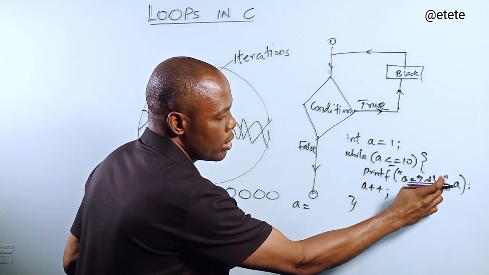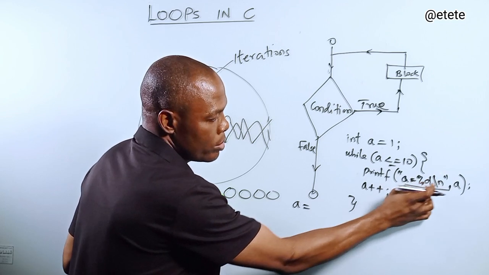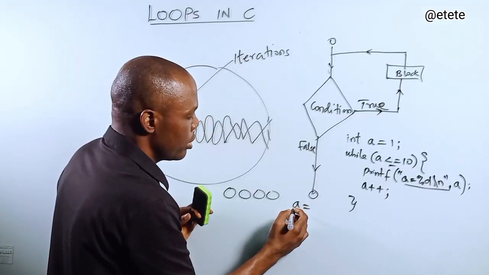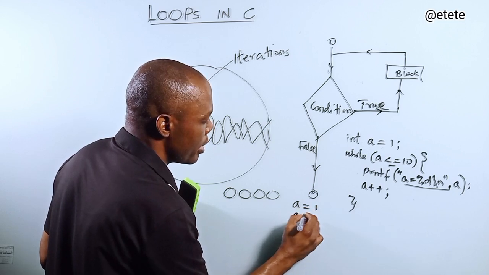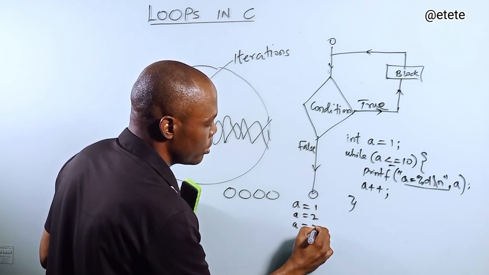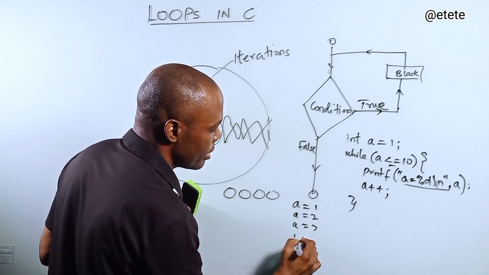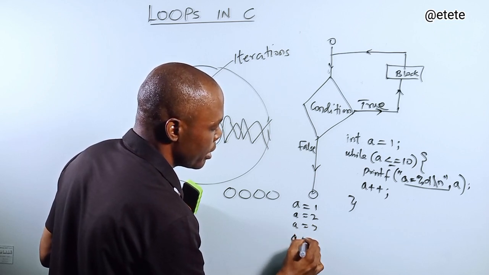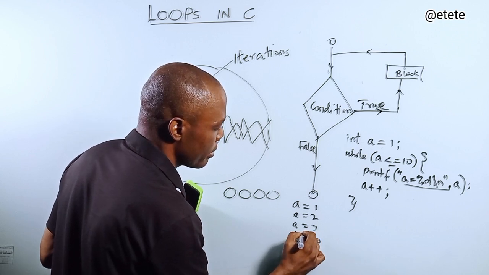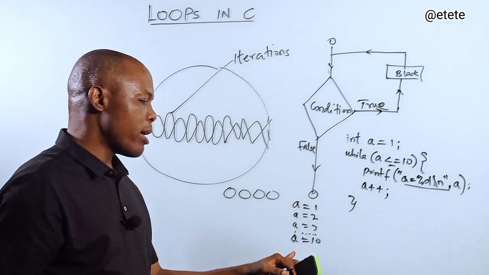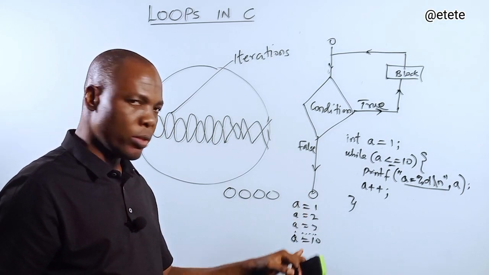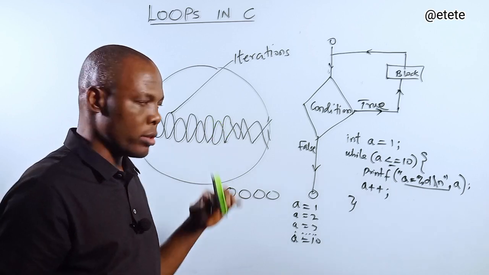So you read this in English format: a equals 1, a equals 2, a equals 3, like that, up to a equals 10. That is what you are going to get as the output, 1 to 10. So you have 10 iterations.